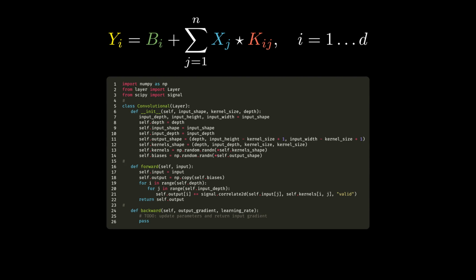Pretty short, wasn't it? Okay, now comes the hard part. In order to update the kernels and biases, we need to compute their gradients. If you remember from the last video, this is how we proceed. We are given the derivative of E, the error of the neural network, and we need to compute 2 things.